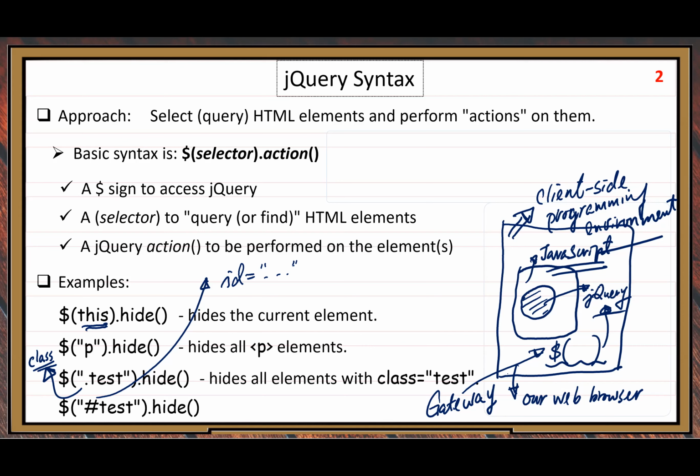So you hide only one element, because this time we expect only one element with ID equals double quotes test.